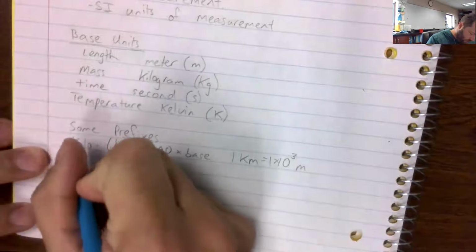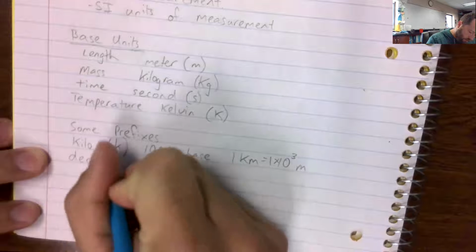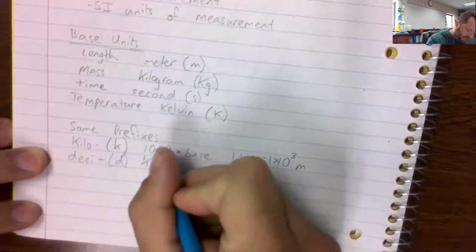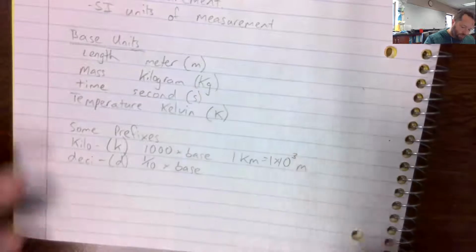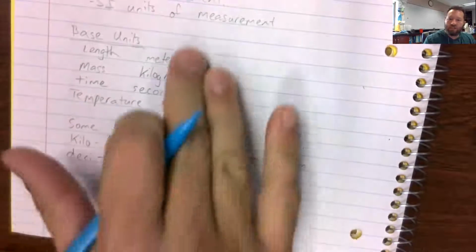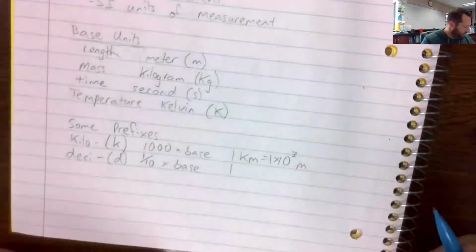The next big one to know is deci, which is a lowercase d, and that represents 1/10 of the base. Anytime you see that prefix d in front of one of these units, that means you have 1/10 of the base.